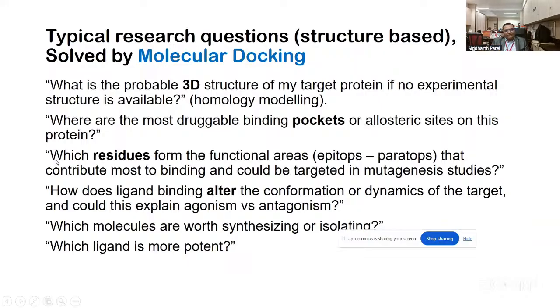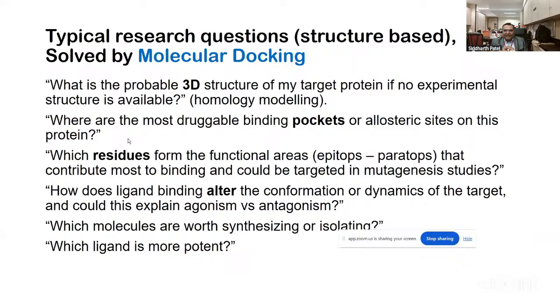Then which residues from the functional areas contribute most to the binding and could be targeted in mutagenesis studies. So the residues are like selected amino acids. Okay, so the drug is not interacting with the entire protein.